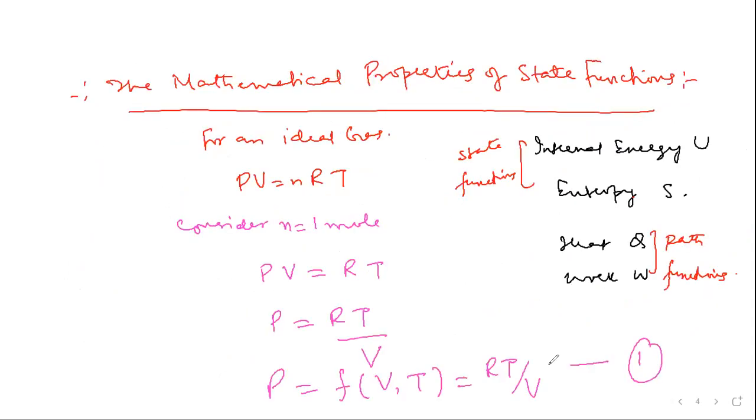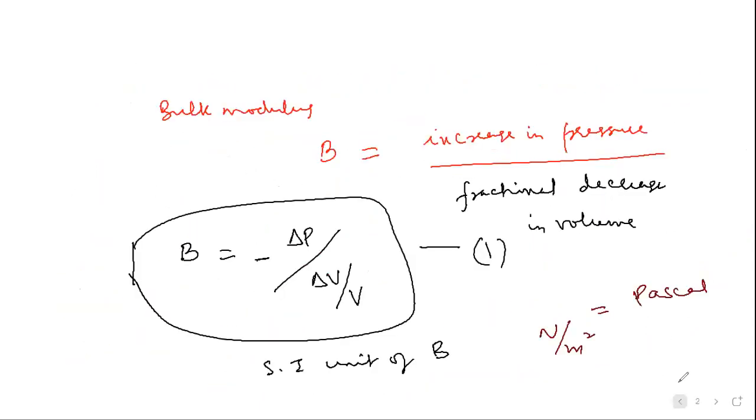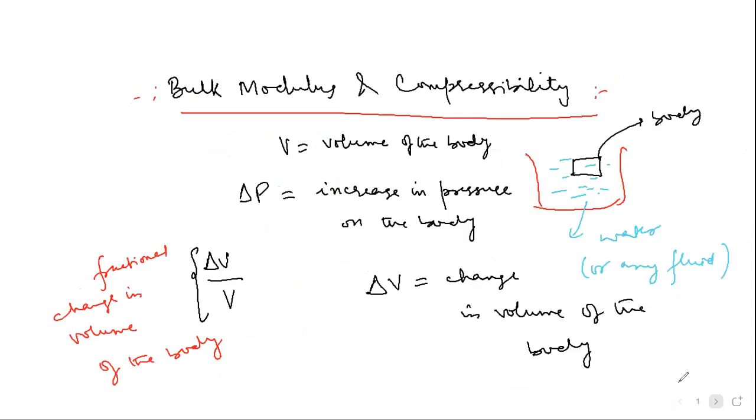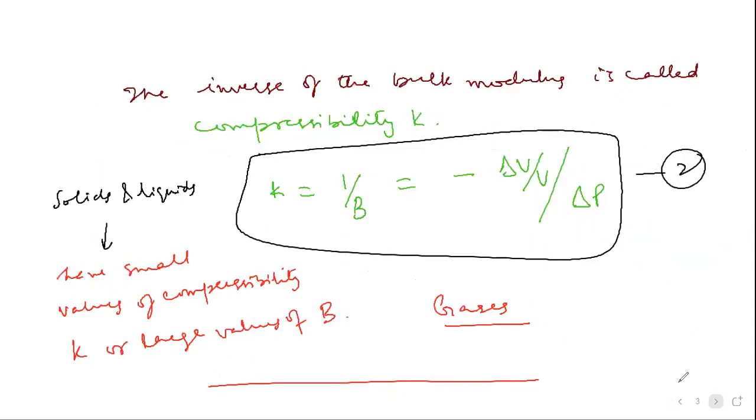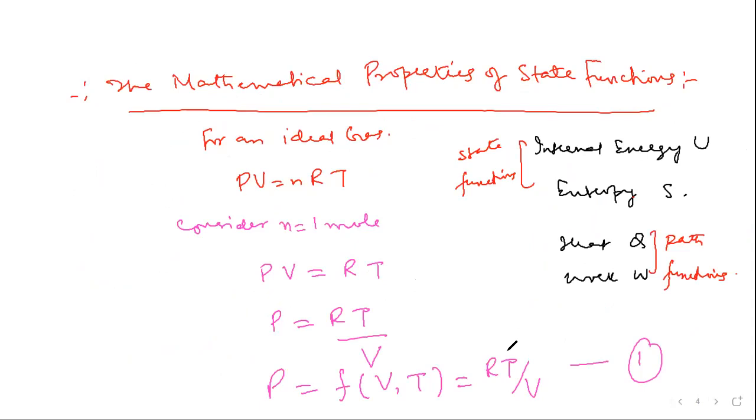Our topic was, besides what we discussed in the start, bulk modulus and compressibility, that was a very obvious kind of thing. Then we discussed properties of state functions. We said that there are some functions which are state functions like internal energy and entropy, and some other functions which are not state functions, which are called path functions. And now we developed certain rules for state functions.